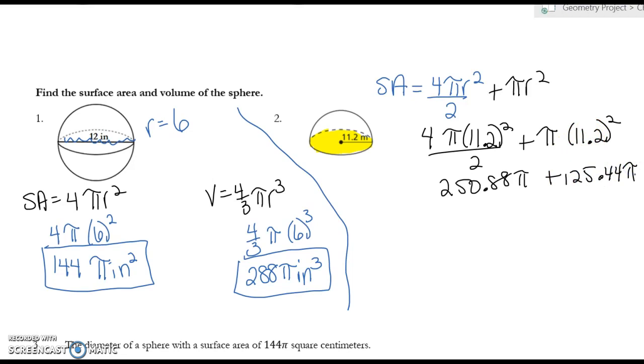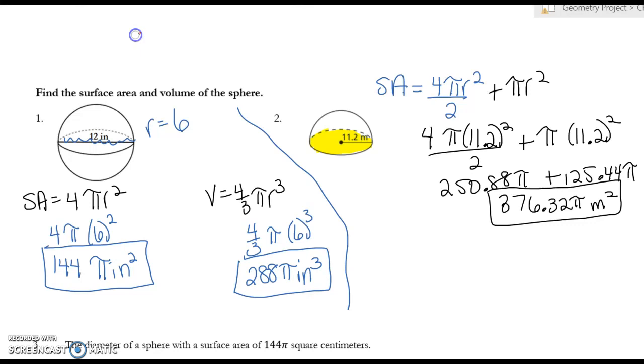Then I add those together, and I get 376.32 pi, and it's meters squared. So this one is a more complicated one, but I think it's still something you can do. You just need to recognize what pieces you have to find the area of.